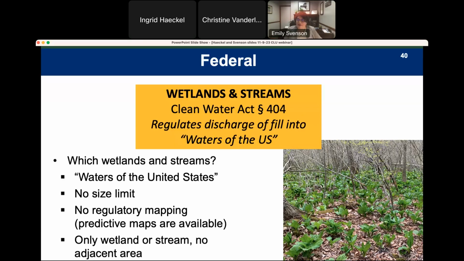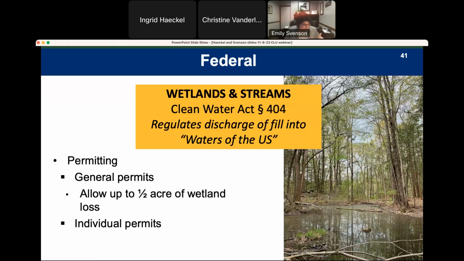To give a little more detail on that, first I want to mention that for wetlands that are regulated, there is a permitting system. If someone wants to construct something that will affect a federally regulated wetland, there is a permitting system. There are general permits available, which can allow a certain amount of wetland disturbance for common project types.